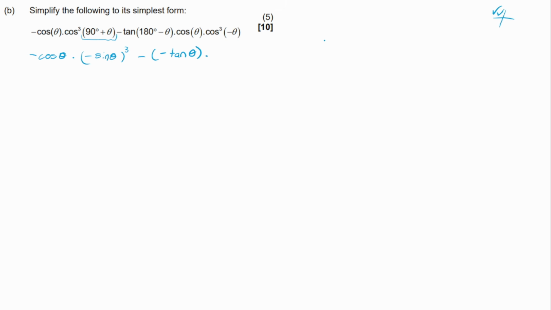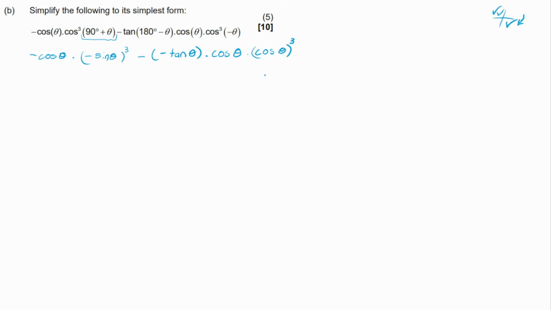And then the cos theta stays the same. And then here we have cos of negative theta, so we're over here now in the fourth quadrant, because a negative angle just means we start measuring clockwise. So that actually just becomes cos theta. So that just stays cos cubed theta. Okay, I can also write it like this: first cos theta, and then on the outside cubed.